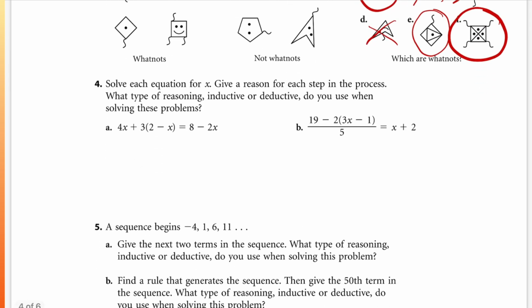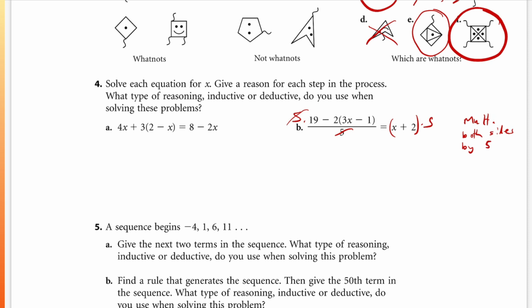All right, this one, you would pretty much do the same thing as in the example problem. So let's do this one together. So first thing I would do is multiply both sides of the equation by 5. You're allowed to do that.